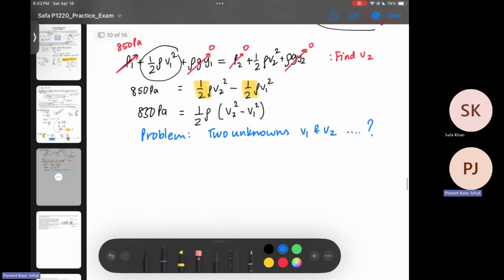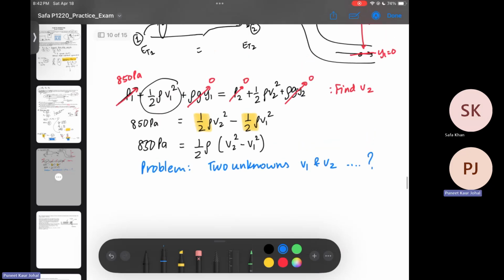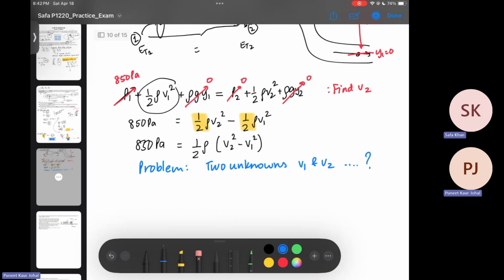So when there are two unknowns and just one equation, there are two possibilities. One possibility is you should be able to make another equation. In this case, that's not possible because Bernoulli's equation is just this. We can't make any other equations.